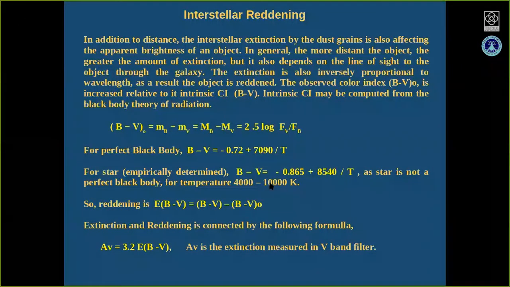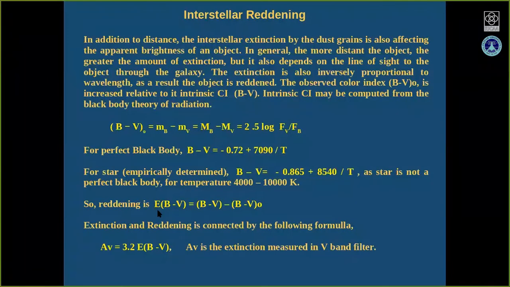So now what you can do, you can check whether your observed color index is equal to your intrinsic color index. It is not. Never. So now we are introducing another term that we call interstellar reddening.